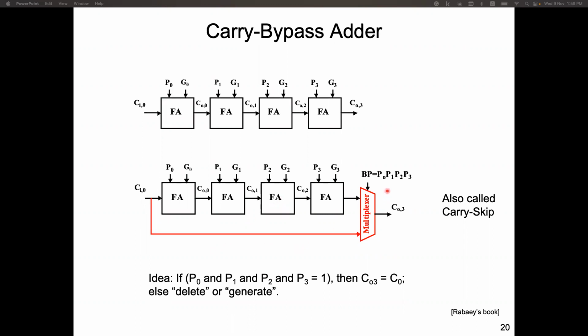So the idea is to improve the worst case carry propagation. When the worst case occurs, the carry just skips these 4 adder cells, and is led through the multiplexer to the output. And this can be very quick, right? Not rippling through each adder cell.